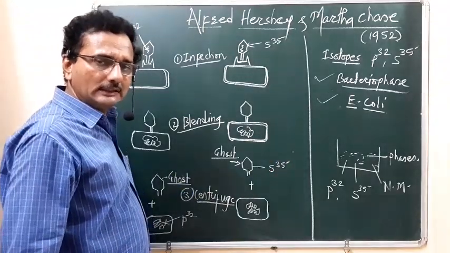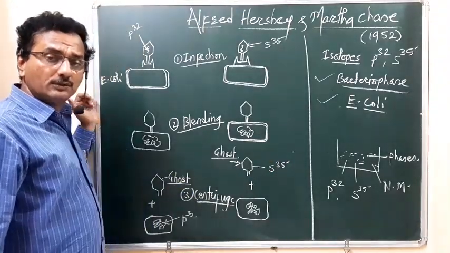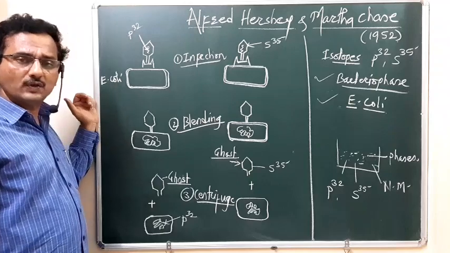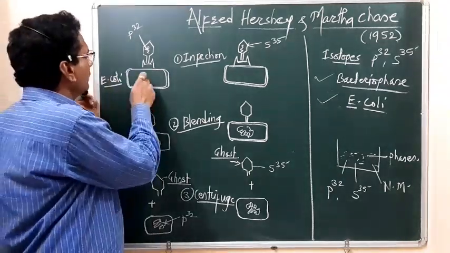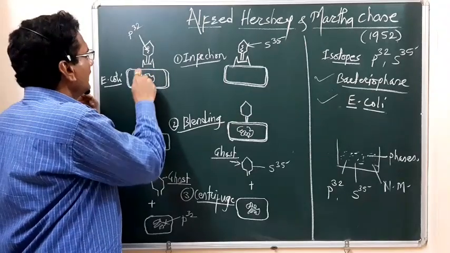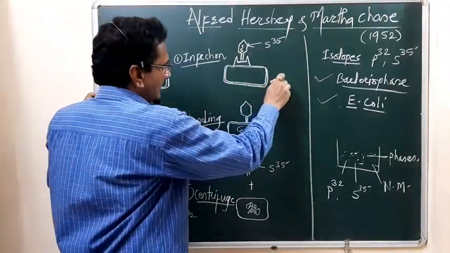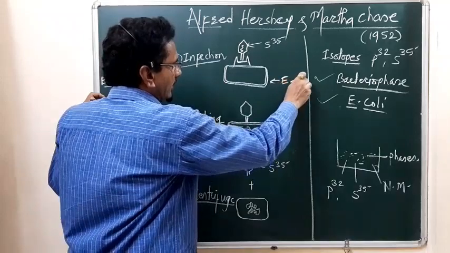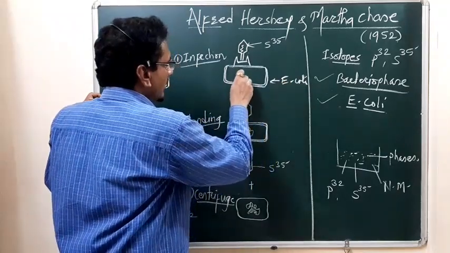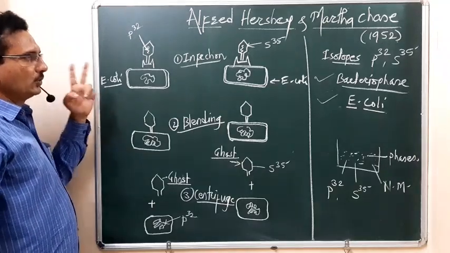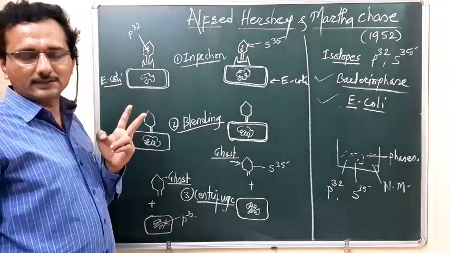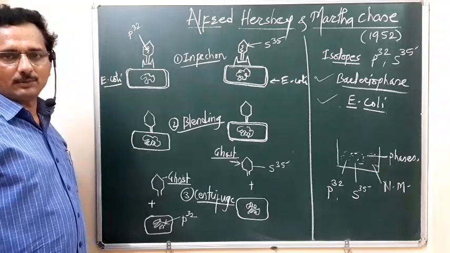Then they took the infection of these two phages separately on E. coli bacteria, two different types of phages over the E. coli bacteria.